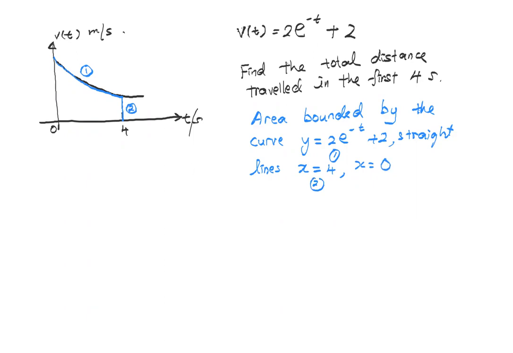X equal to 0, this is the third one. When you want to talk about area, it must be enclosed. So where is another straight line? I should put t instead of x for this situation, am I right? And the t axis. So this is the fourth one.